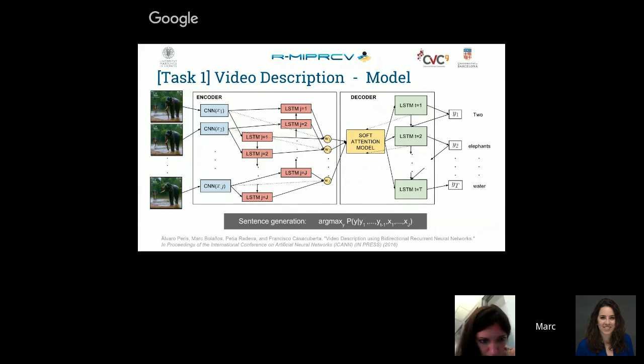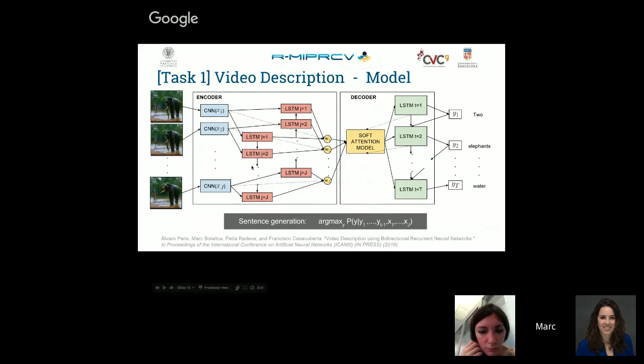The LSTM is combining the information from all the frames in the video. But with the opposite network also, in the first frame it will combine all the frames in the video. So it's able to grasp information from more data.